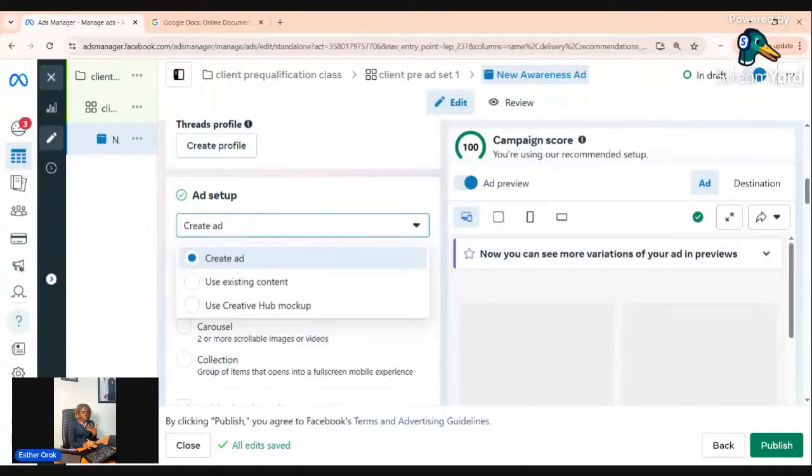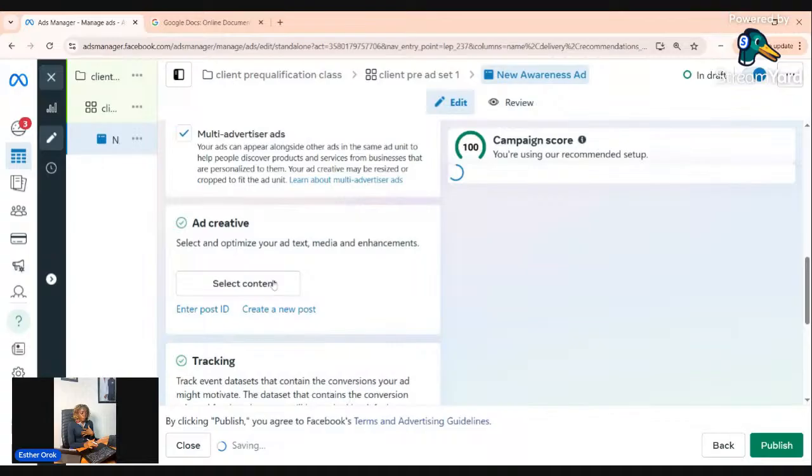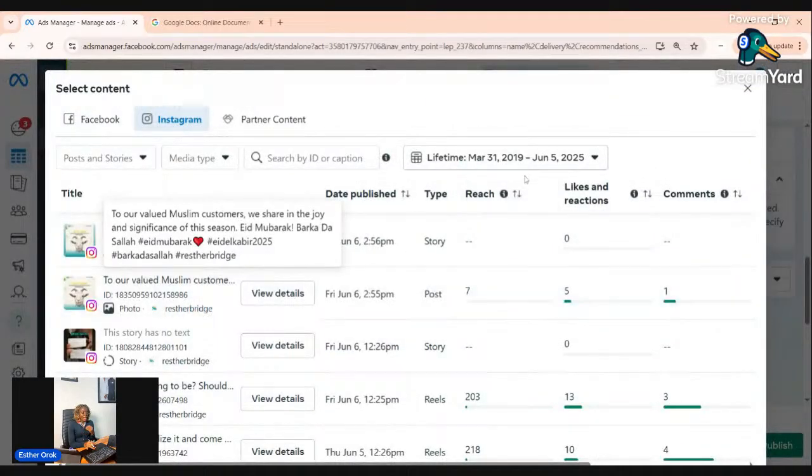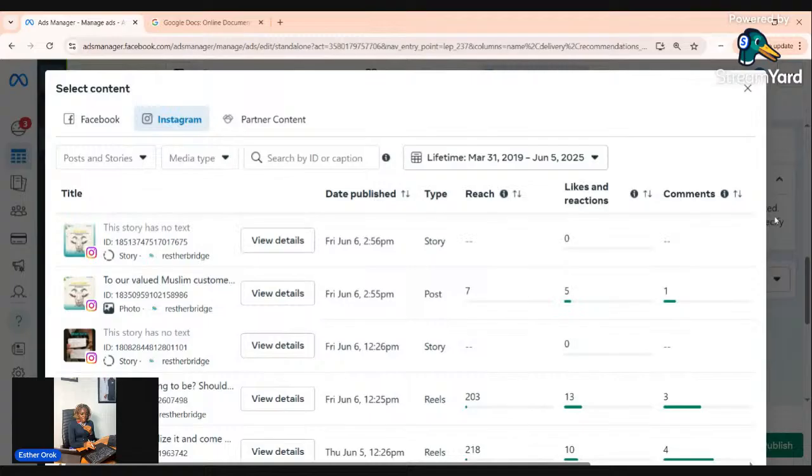The third option is something that a lot of people are not very familiar with. So I'm just going to focus on the first two: you either create your ad using fresh content that you already have on your laptop, whether it's a video or a flyer, or you can select an existing content.